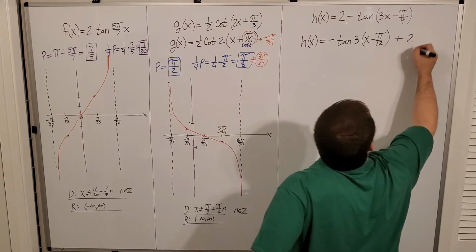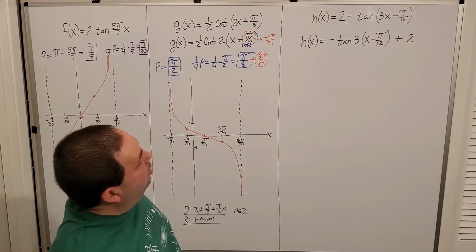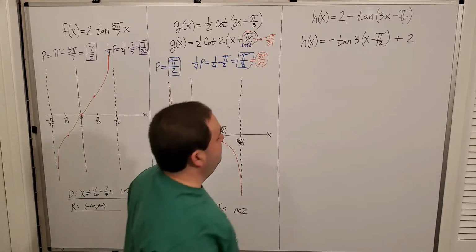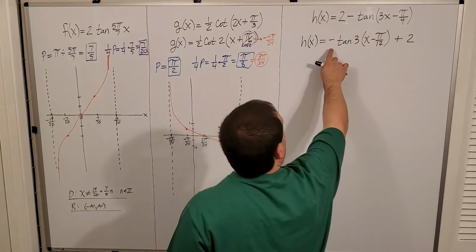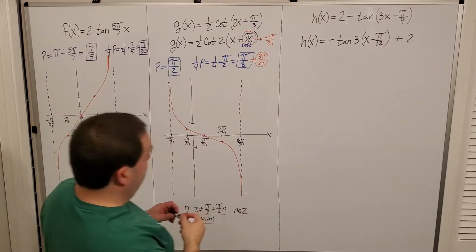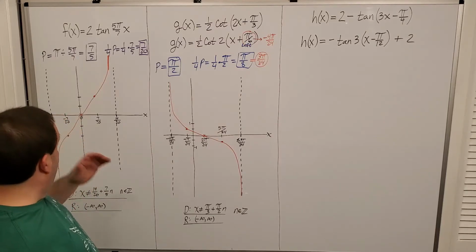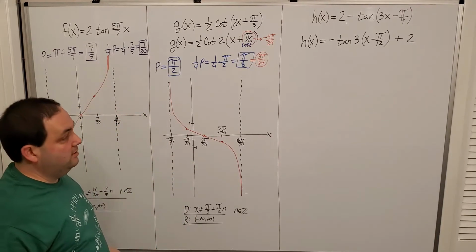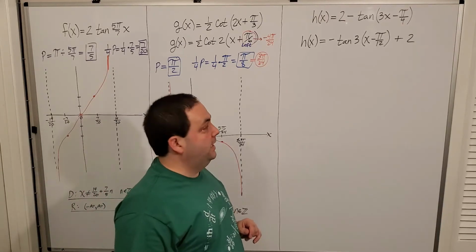And I put the plus 2 at the end just so that you can hone in on the fact that that's a vertical shift. Okay? Also, don't forget that this is a reflected tangent. So I am going to do all of the marks the same and everything, but instead of increasing, a reflected tangent is going to decrease. It'll look something like a cotangent.